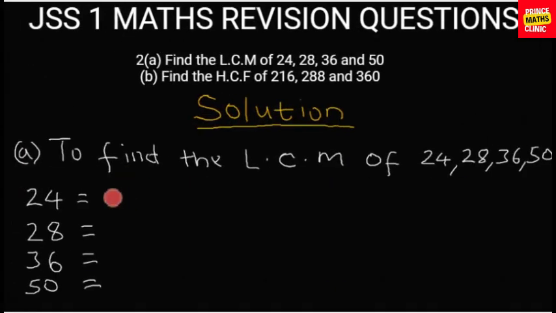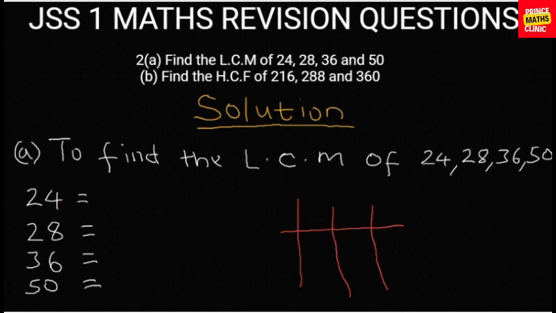All right. Looking at this beautiful question, we have to find the LCM of 24, 28, 36, and 50. Now, let's look at how we can use another method. We know the popular method that we normally use, where we draw a line like this and put our numbers.